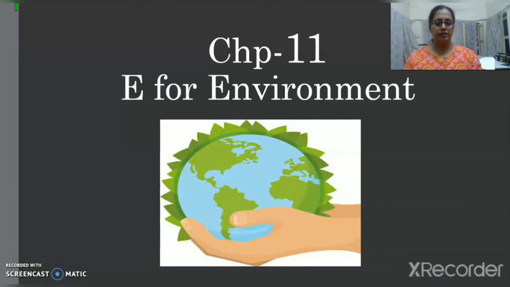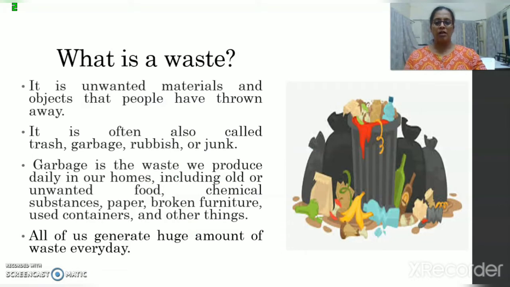Dear students, in the same chapter, chapter number 11, E for environment, now we are going to talk about the types of waste. Children, this is your module number 2. What is a waste? We all know that whatever is useful to us, whether in vegetables, fruit, the kitchen, the room, or your study material, we keep the useful things and the other unwanted things we throw away.